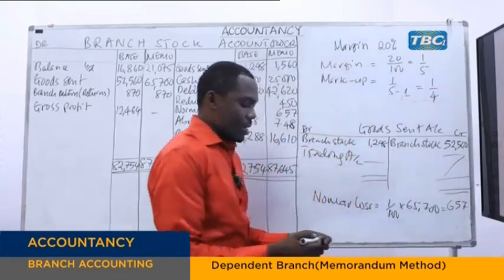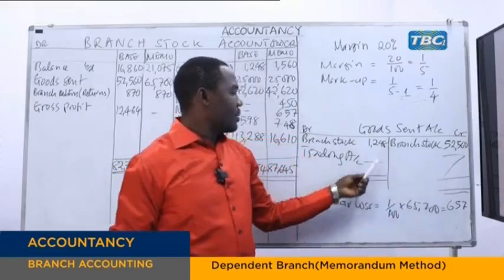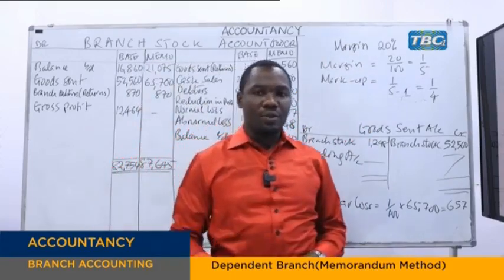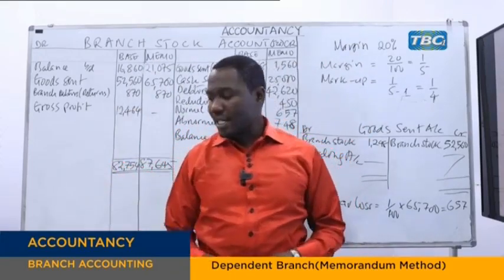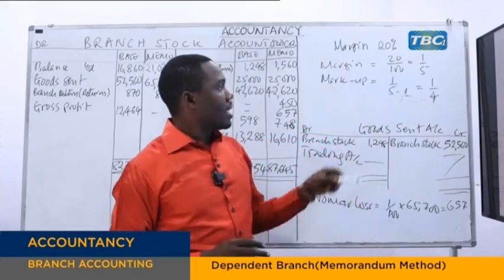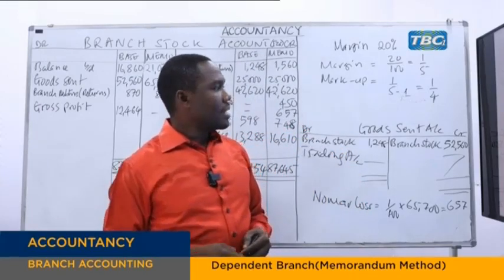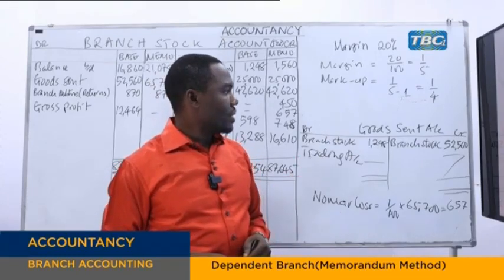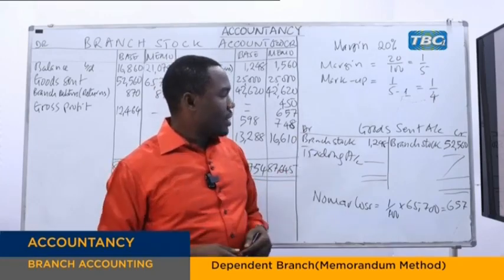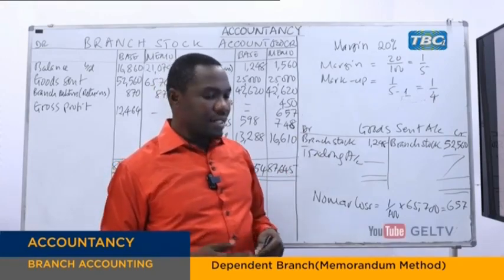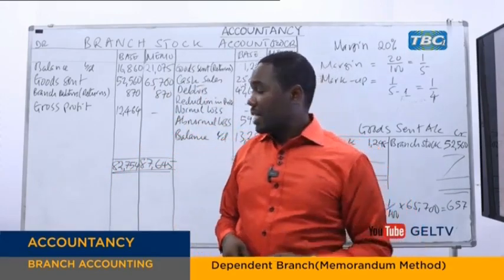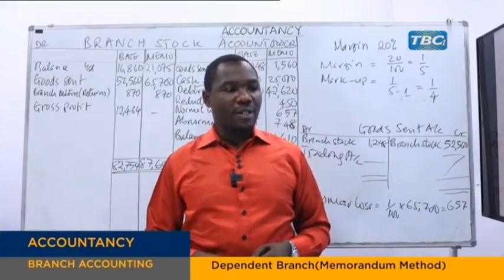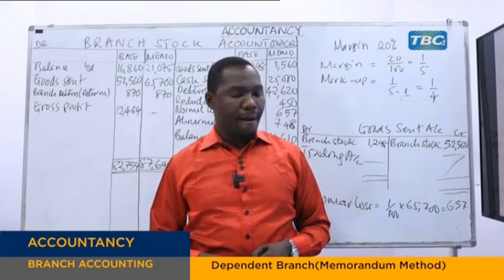You could also be required to open the other accounts that include branch debtors account, branch cash or bank account, branch profit or loss account. So do more questions in this part because it is a very important part in your syllabus.